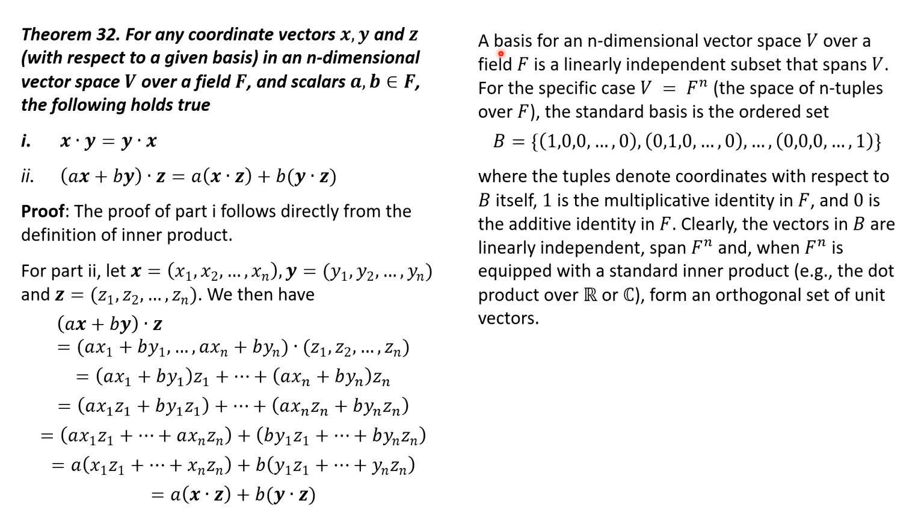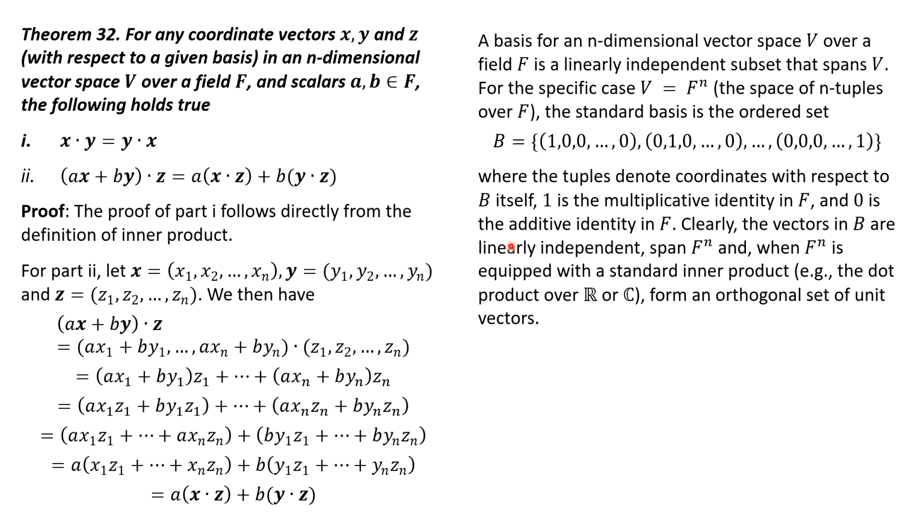A basis for an n-dimensional vector space V over a field F is a linearly independent subset that spans V. For the specific case where V equals F^n, the space of n-tuples over F, the standard basis is the ordered set shown here, where the tuples denote coordinates with respect to B itself. 1 is the multiplicative identity of F, and 0 is the additive identity of F.